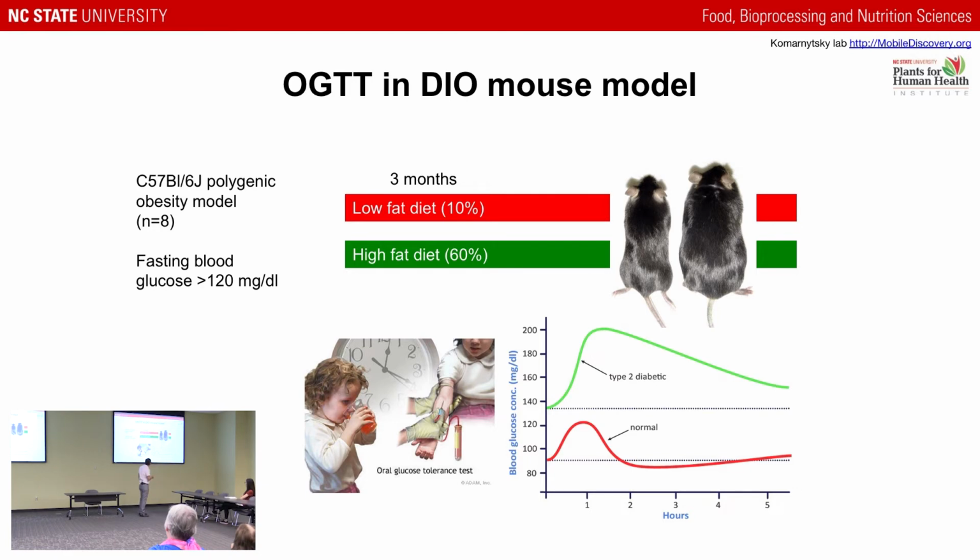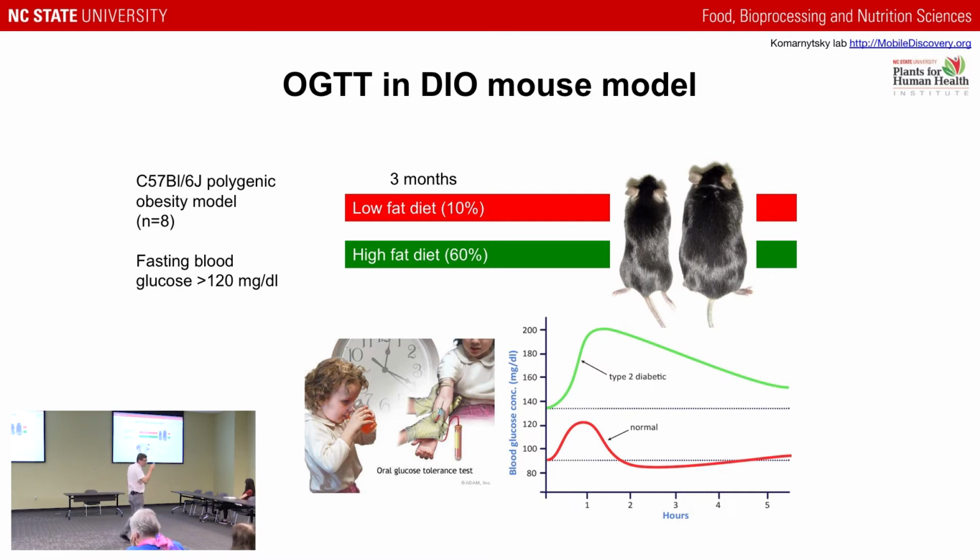So then the area under the curve will be much bigger than the area under control for the healthy animal, right? So this is a very quick and easy way to measure the efficiency of glucose metabolism in an animal or a human. If you go to the doctor and there is a suspicion that you have a problem with metabolism or glucose control, this is one of the first assays that the doctor will ask you to do.